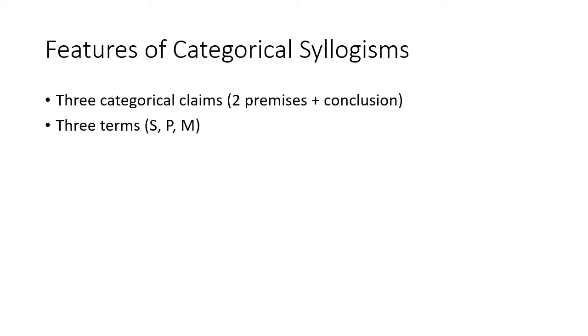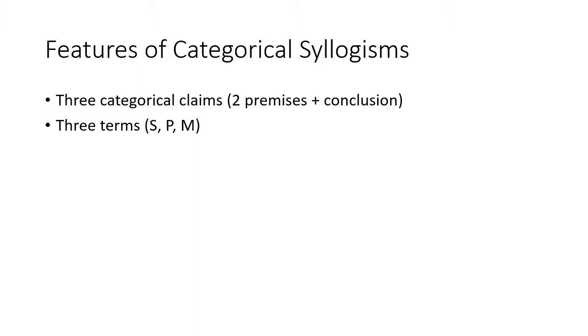That argument has exactly three categories: cats, mammals, and reptiles. The second argument did too, but it's a little bit different, right? All cats are mammals, and no mammals are reptiles, therefore no cats are reptiles. Same kind of deal. The argument has three terms. So again, all the categorical syllogisms are going to deal with three terms.